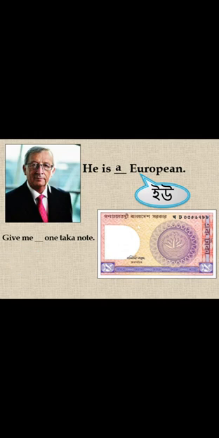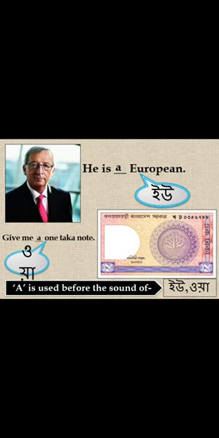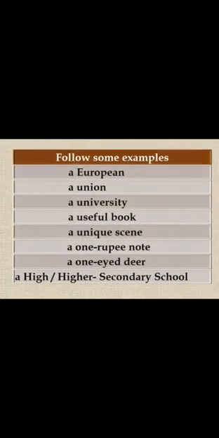Though the first letter is a vowel, that means A, E, I, O, U are vowels, though the first letters E and O are vowels, the sound is U and wa. If the sound is U and wa, there will be A instead of AN. So A is used before the sound of U and wa.